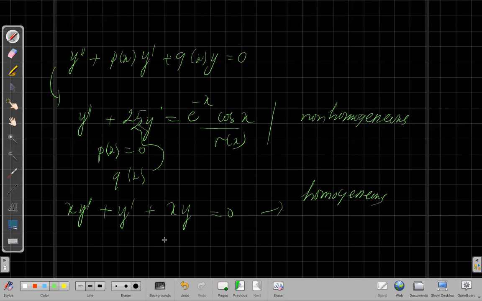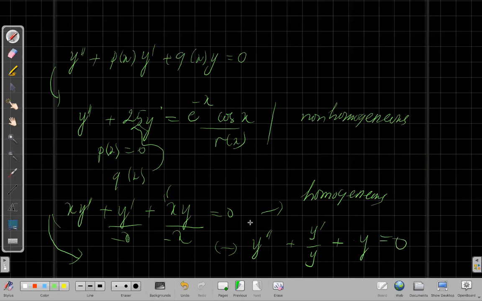And this is a linear equation because we can transform it into the standard form by dividing both sides of the equation by x, so we have y double prime plus y prime over x plus y equal to 0, which is a homogeneous linear second order differential equation.